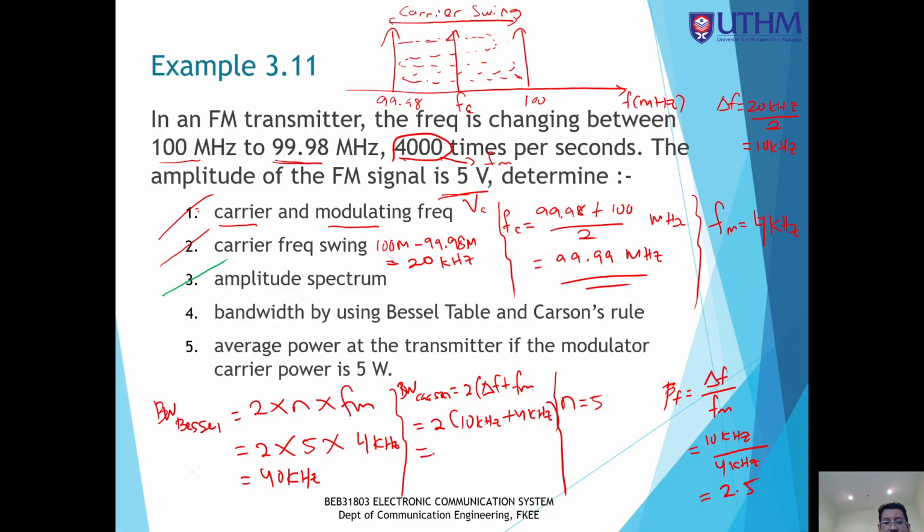So 14 times 2, we get 28 kilohertz. So this is bandwidth by Carson, and we don't need to use the Bessel table.